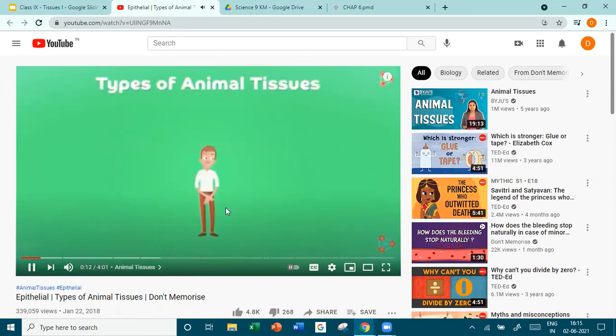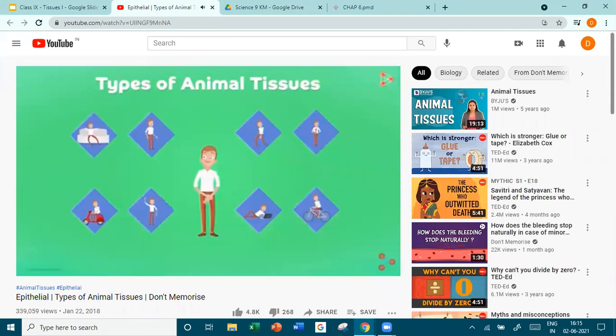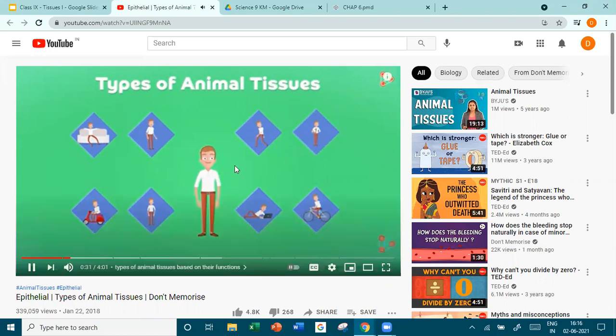In case of animals, where the body is expected to perform uncountable functions simultaneously, it is obvious that the number of tissues will also be innumerable, right? So how do we study all these? Well, we don't need to worry. For simplicity, we would prefer dividing all the animal tissues into 4 major categories depending upon their functions.